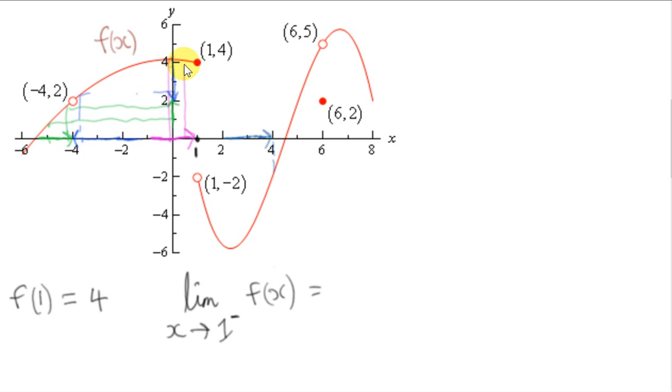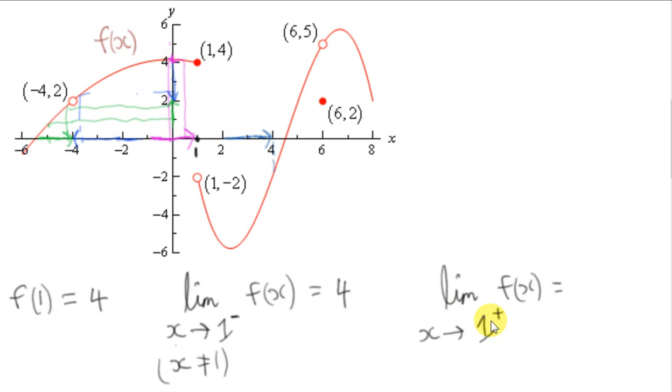As x approaches 1, f of x appears to be approaching 4. Again, x is not equal to 1 while we're taking this limit, and f of x never reaches 4, but it's approaching 4. We can make f of x as close as we like to 4 by taking x as close as we like to 1, but from the left.